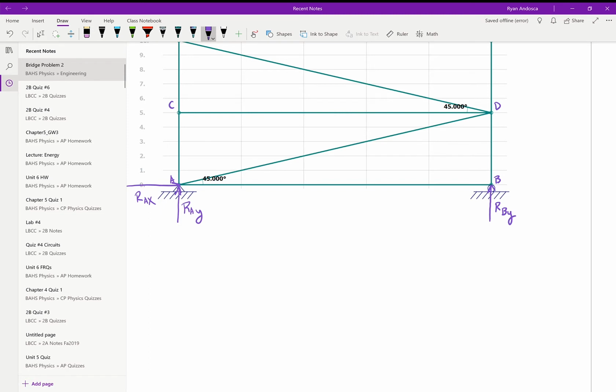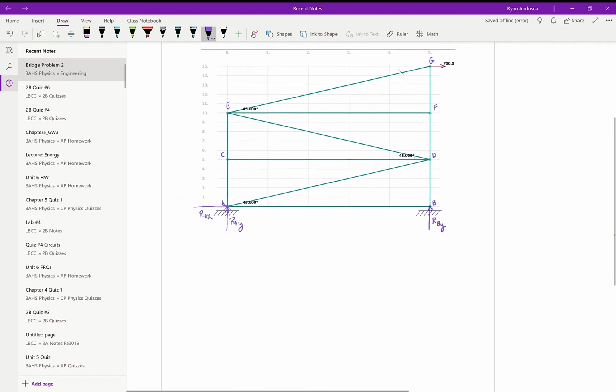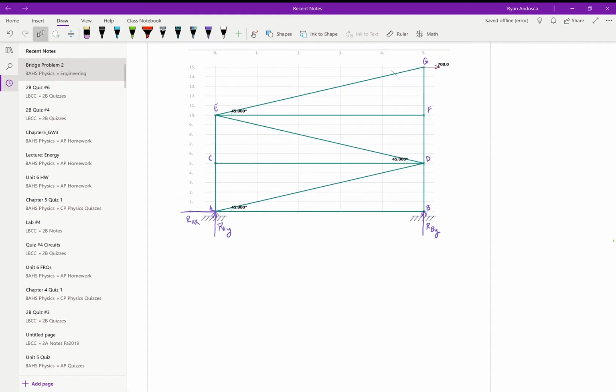Alright, so now the way that we solve for our reaction forces is we start off by ensuring that the bridge is in rotational equilibrium, meaning that all the torques cancel out. And to do that, I've taught you guys to make a table. So we've got clockwise torque on one side, counterclockwise torque on the other.